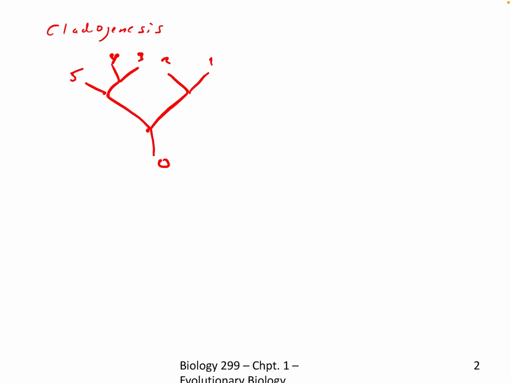The other process, the other way through which species can evolve, is called anagenesis. Now, in anagenesis, you don't have multiple species evolving from a single common ancestor. What you have is an ancestor species that over time evolves into a descendant species.